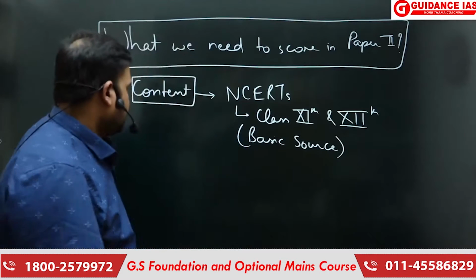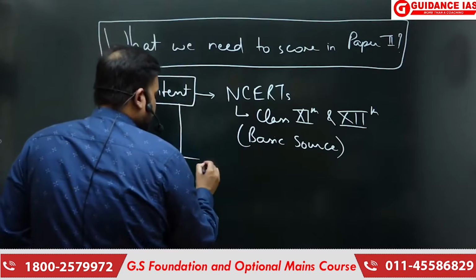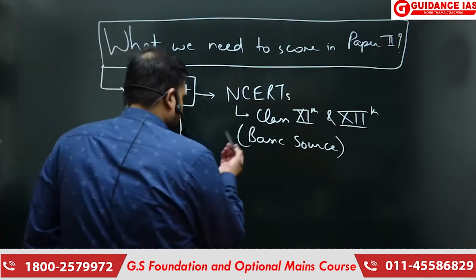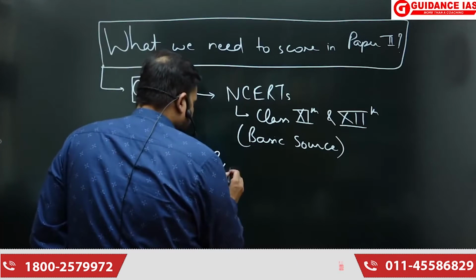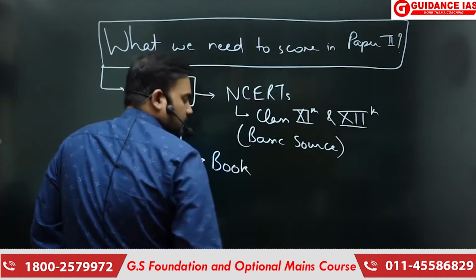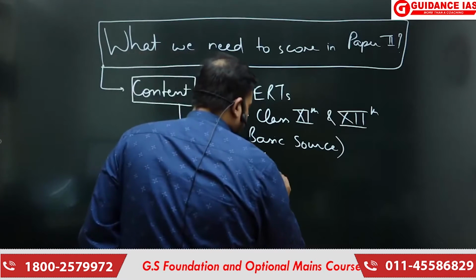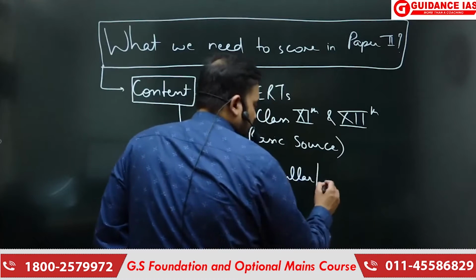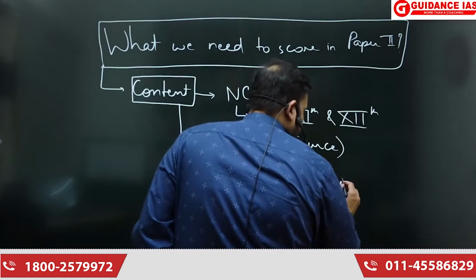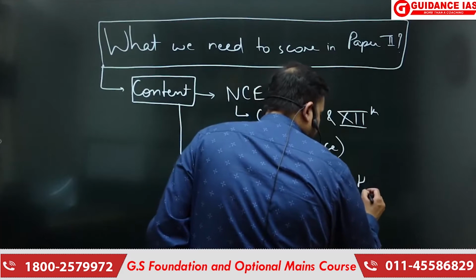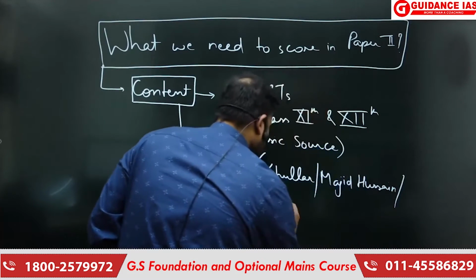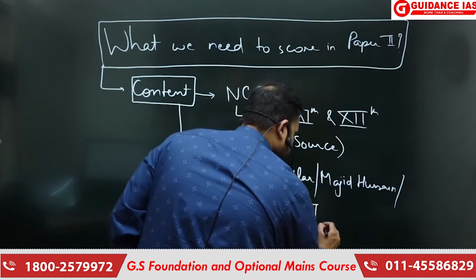Okay. The second source is that you go through some books. The second source can be a book, and this book can be any of these. It can be Khullar, it can be the book by Majid Hussain, or another book, R.C. Tiwari.